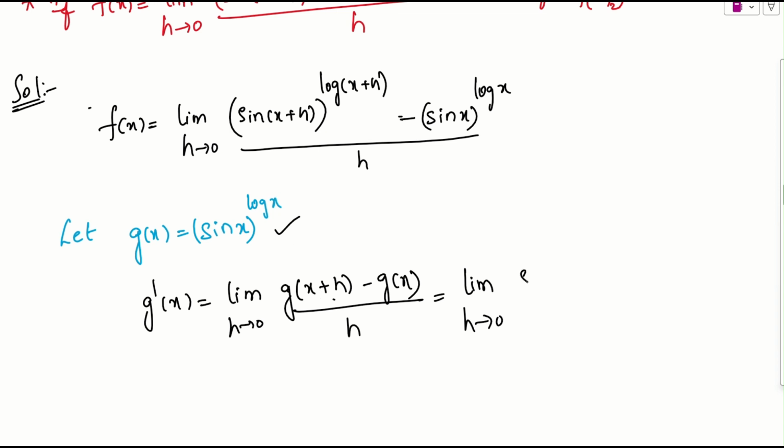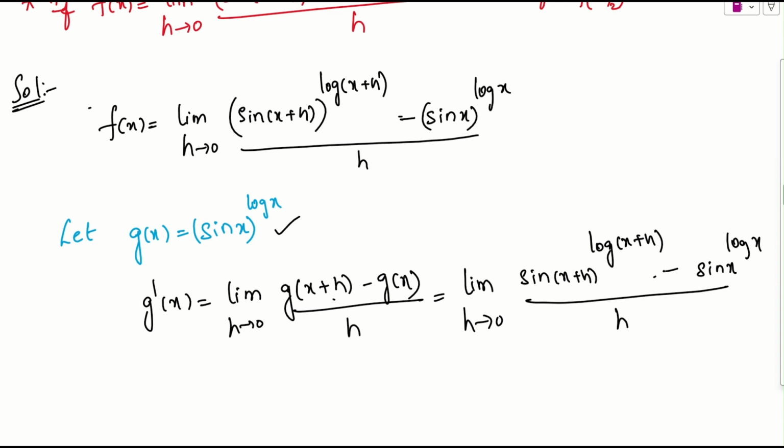So g of x plus h means sin x plus h raised to the power log of x plus h, minus g of x, that is sin x raised to the power log x, divided by h. Both are the same. So I can say that g dash of x is nothing but f of x.